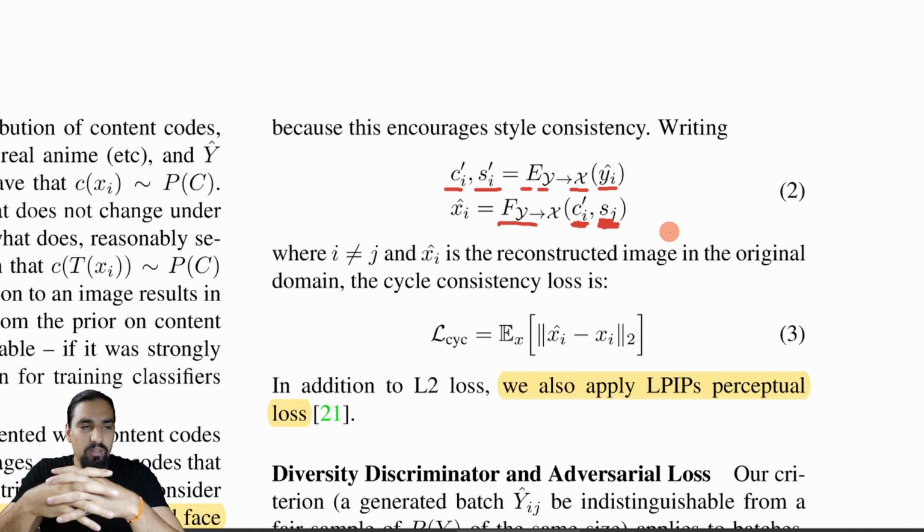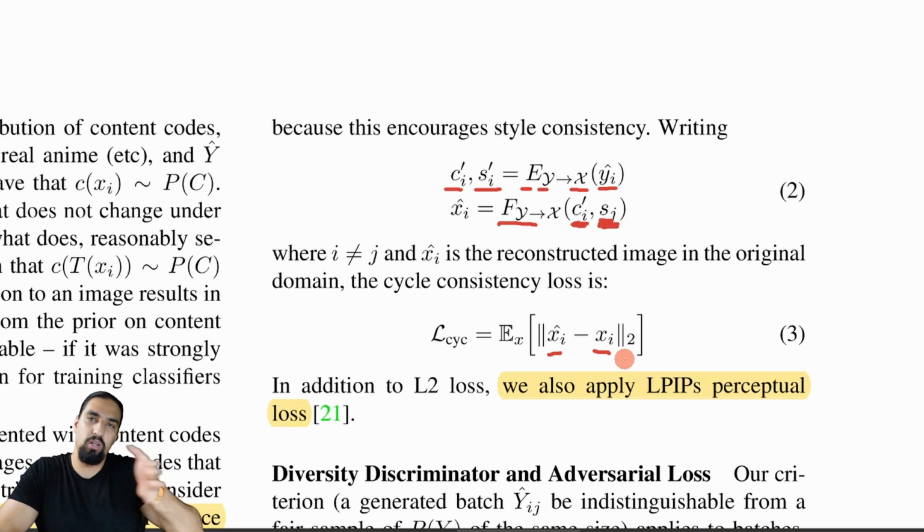This is obviously not that pretty conceptually, but I guess there was some heuristic and they figured out that it helps them further enforce that style consistency component. Okay, and finally, just L2, that's how we do cycle consistency loss. Whatever we reconstructed, we want to make sure that in the image space it has a really small distance compared to the original augmented images.